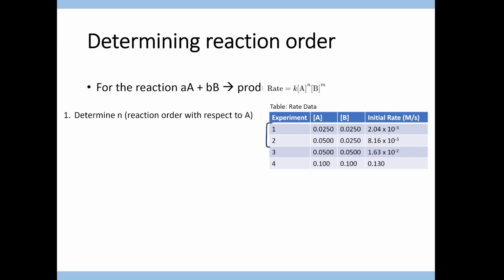So any change in the initial rate of this reaction is a direct result of the concentration of A changing. So we can use experiments 1 and 2, and we'll find the ratios of these two experiments.